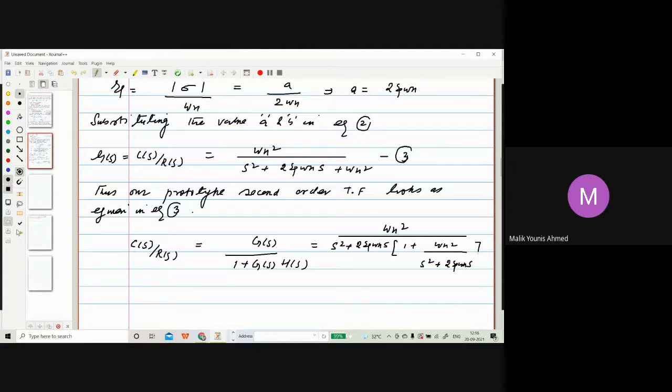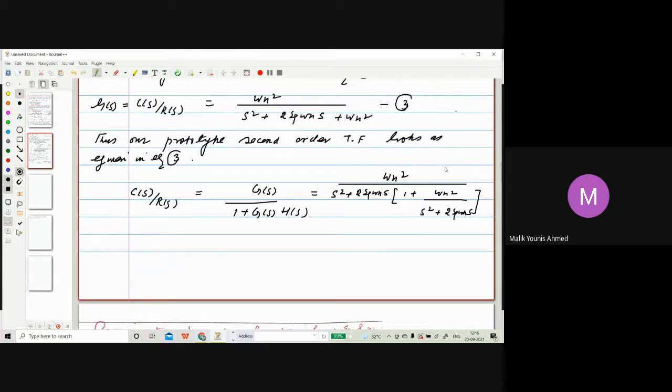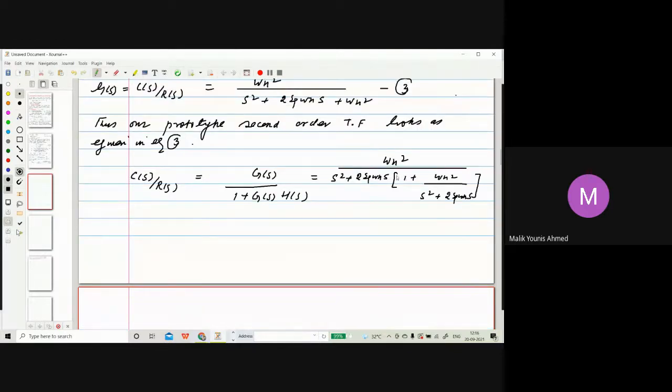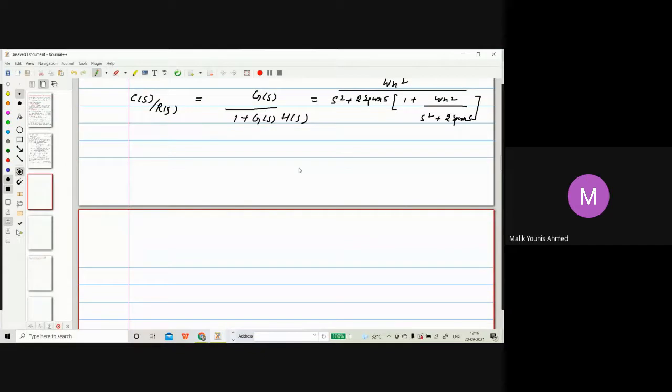We have taken s square common in the denominator, and written it like that.